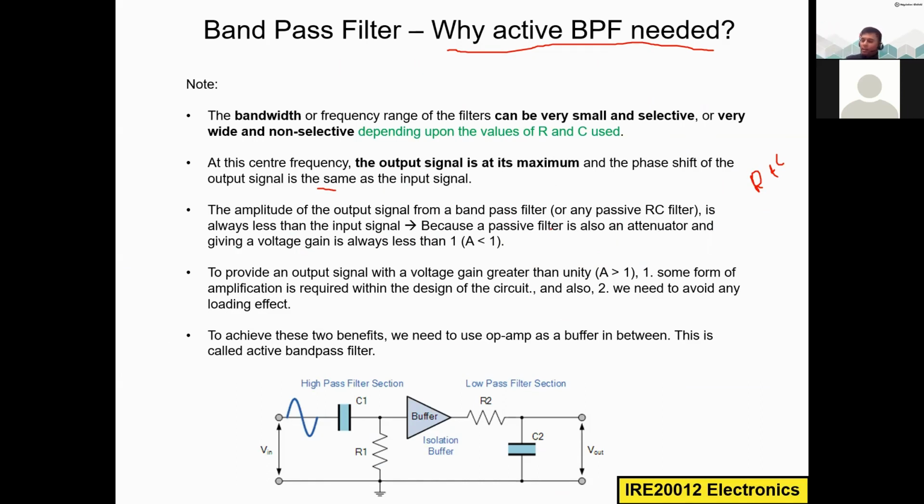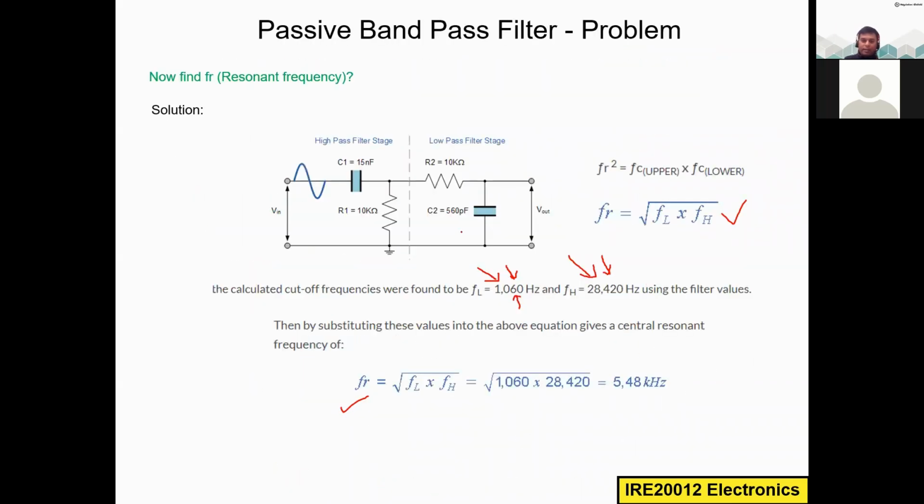Remember, you are using a resistor in the passive band pass filter design. So if you apply, for example, 10 volt, maybe you will get 8 volt or 9 volt at the output. The output is always less than the input because you are using only passive components.